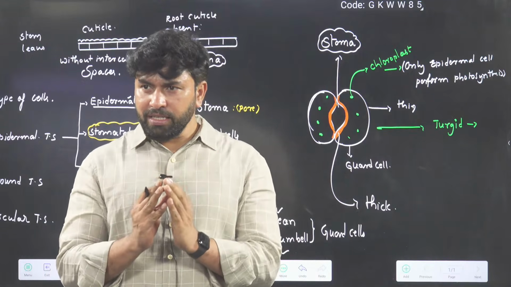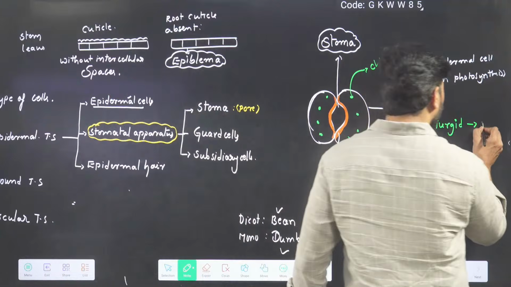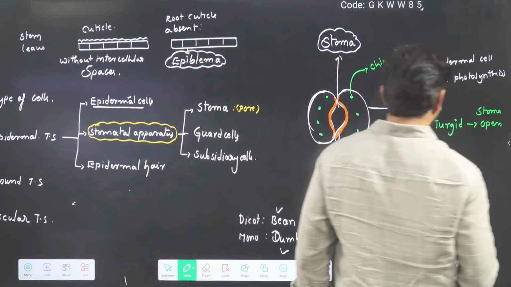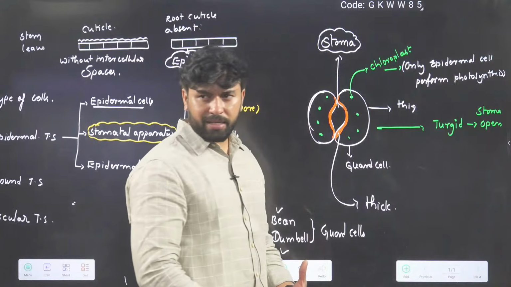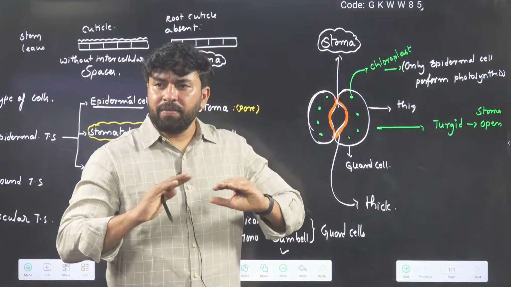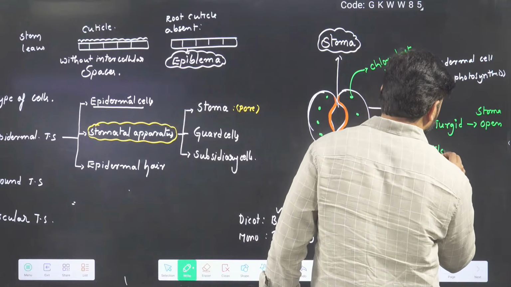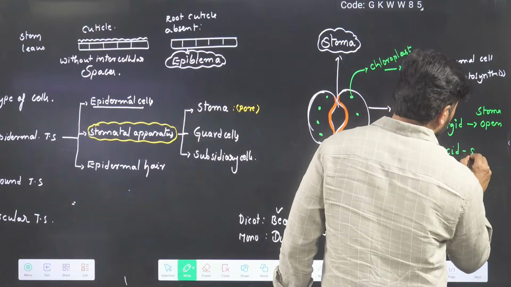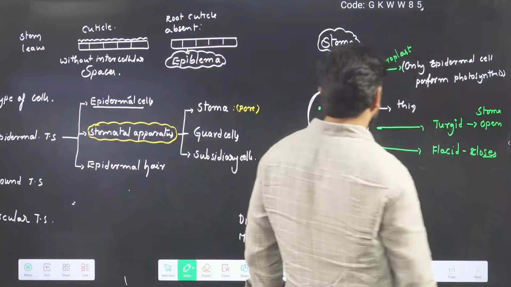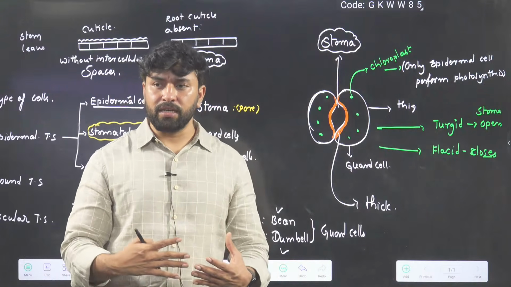Now, when the guard cells become turgid, as a result of that, there will be an opening of the stoma. Stoma opens. Then when the guard cells lose water, that means the water slowly goes away, they will come to normal situation. That normal condition is known as flaccid. Flaccid. Stoma closes. Stoma gets closed. That's the work of the presence of chloroplast inside the guard cell.